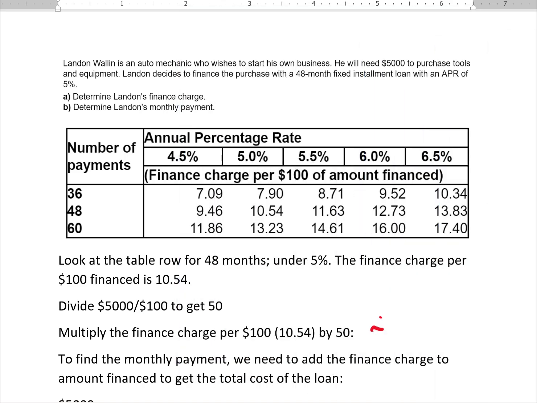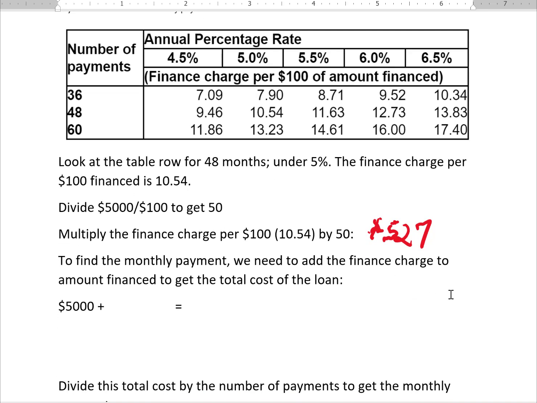So I'm going to go ahead and put that down here, 527. To get the monthly payment, we need to add the finance charge to the amount financed. So we're going to take the $5,000 and we're going to add the 527. And so the total amount financed is $5,527.